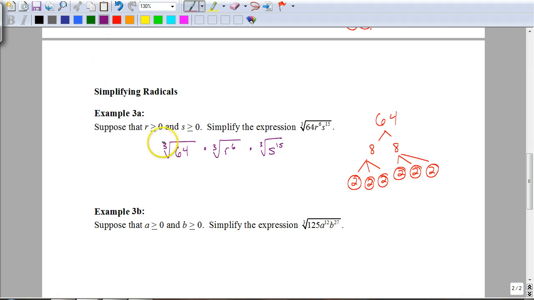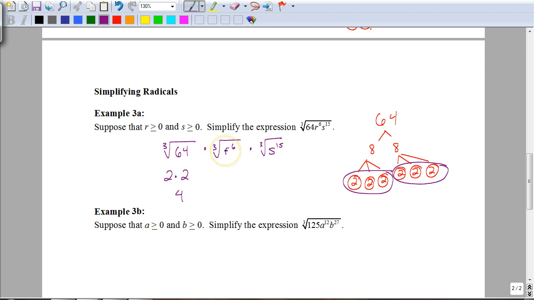Well, this is the cube root of 64. So what that means is for every 3 of the same number, I get to take one out. So I get to take out a 2 representing these 3 2's. I get to take out another 2 representing these 3 2's. That's what the cube root of 64 breaks down to be: 2 times 2, or 4.